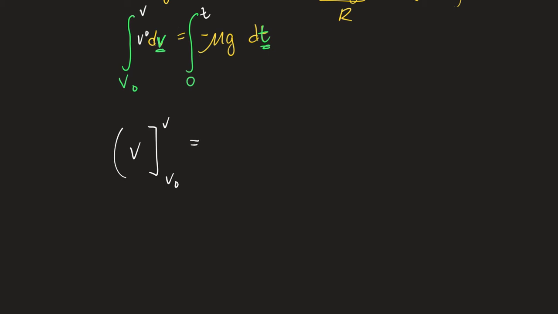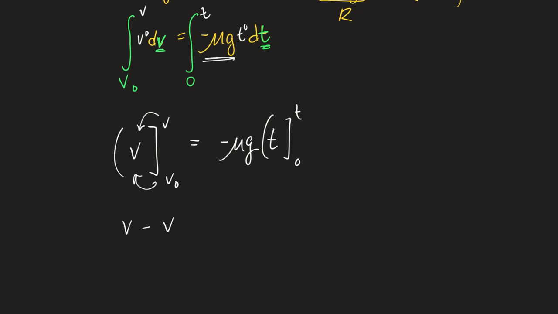I'm going to do that on the other side, but I have a constant. I'm going to ignore the constant and just write it out front. And this is exactly the same. I have no variable there, so it's t to the 0 power, which is just going to be t evaluated from 0 to t. Now you just plug in your limits, which means put in the upper limit first and subtract the lower limit.